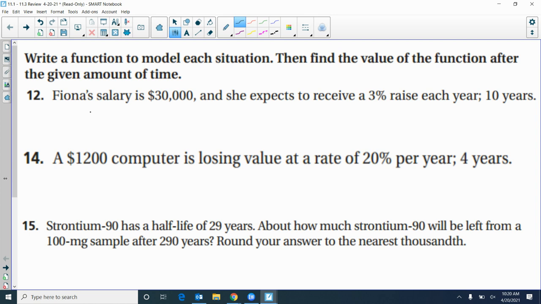Where's my bag? Right there. All right, here. 10:35. That's not right.